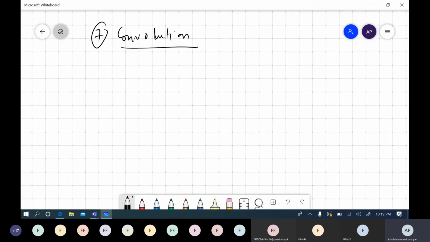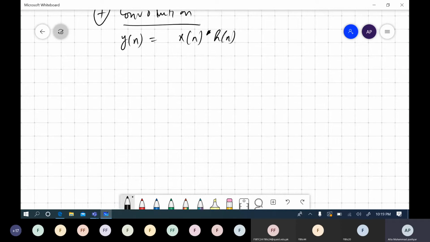It states that if you have a signal, for example y of n, which is the convolution of two signals, x of n and h of n, and you know the Fourier transform of x of n is x of omega, and the Fourier transform of h of n is h of omega, then if you convolve them in the time domain, the spectra of both signals must be multiplied in the frequency domain, right?